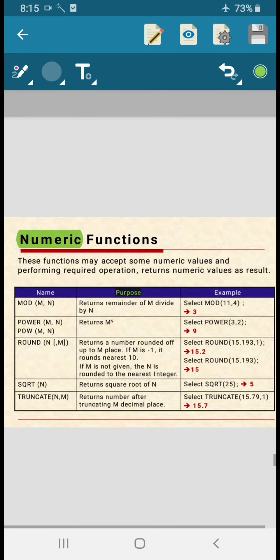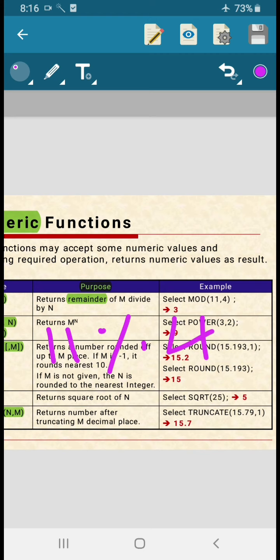What will be the result? 4 threes are 12, but here 11 is there, so it gives the remainder value, which is 3. How? 4 twos are 8, the remaining remainder is 9, 10, 11, three numbers, so 3 is the answer.